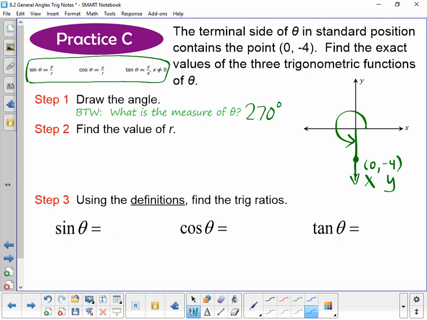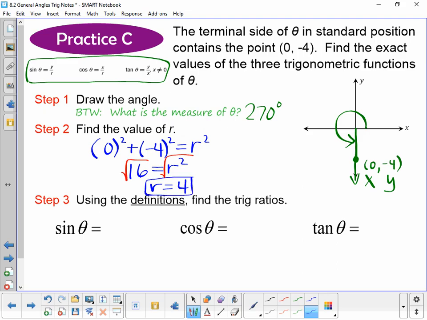Well, if we calculate our R value the same way we've been calculating it, it would be 0 squared plus -4 squared equals R squared. And that would be 16 is equal to R squared. And so when we take the square root, we find that R is 4.